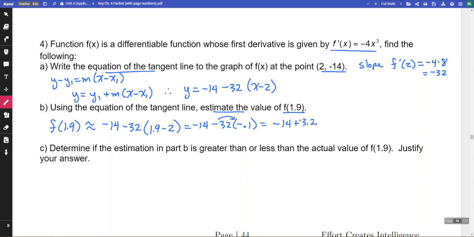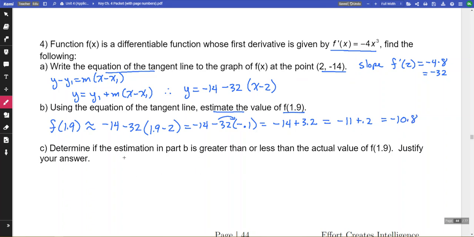So that is our approximation, negative 14 plus 3.2, right? And if we actually wanted to do that mathematics, we would be able to say that that's like negative 11 plus 0.2, or in other words, negative 10.8.